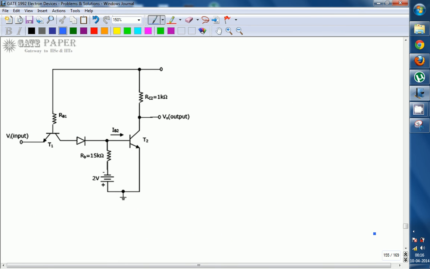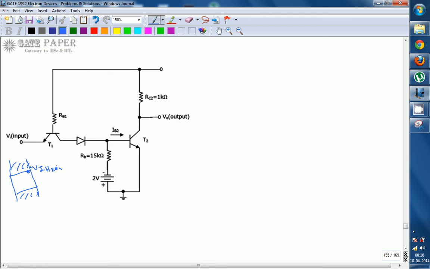First of all, assume the worst case high input. What is meant by worst case high input? Generally logic values are indicated in this way: this is the low level and this is the high level. So worst case high input is VIH minimum.